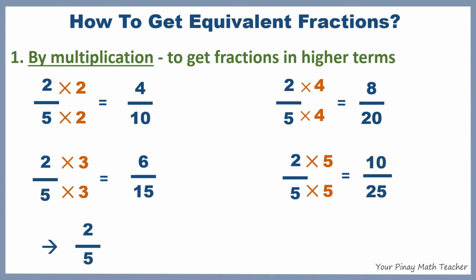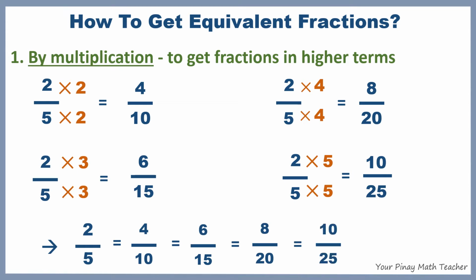So 2/5 is equal to 4/10, 6/15, 8/20, 10/25, and so on. This means that you can have endless equivalent fractions of 2/5 in higher terms.